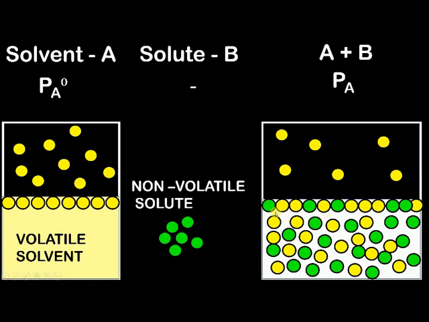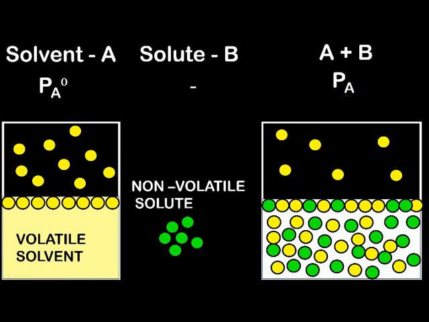So these B molecules are going to act as an obstruction for these A molecules, and they are not going to allow them to come to the top layer. So the obstruction created by these B molecules, which are not evaporating themselves and not allowing the A molecules to even come to the top layer, is the main reason due to which the value of Pa is less over here. Clear with this?